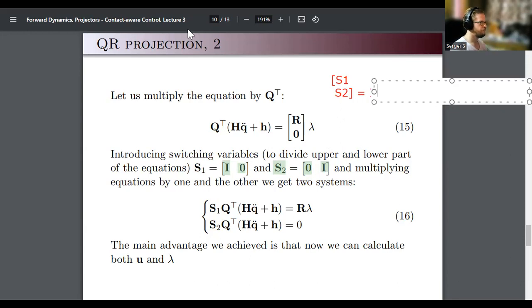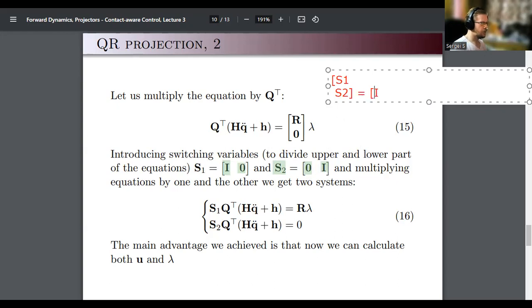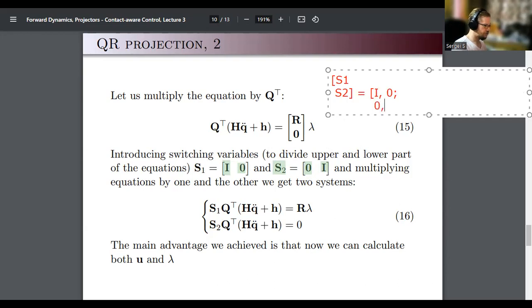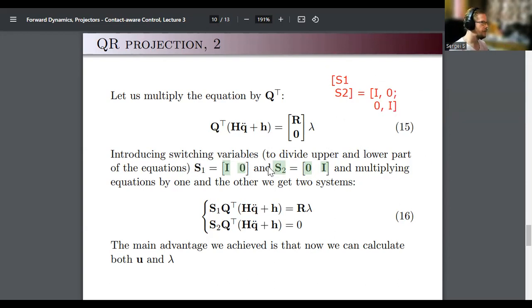If you want to be explicit about it, it will be like identity 0, 0 identity, but that is just an identity matrix of bigger dimension.